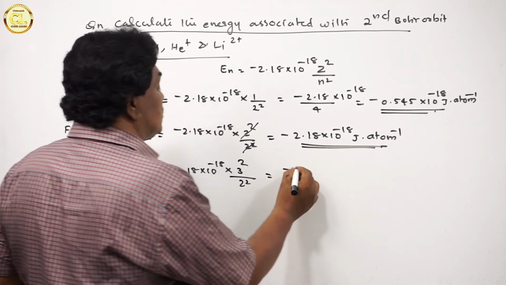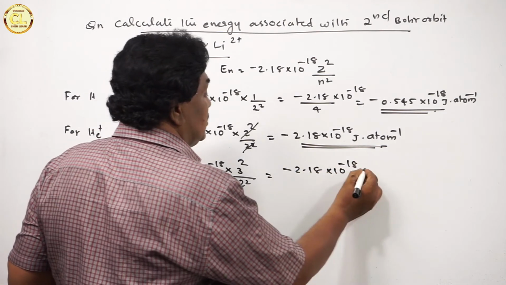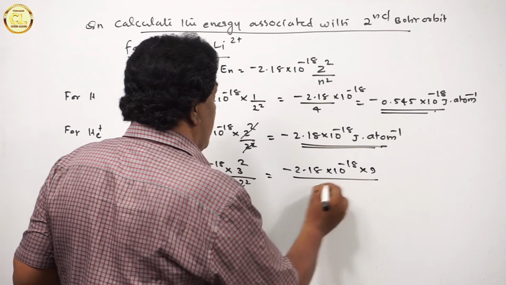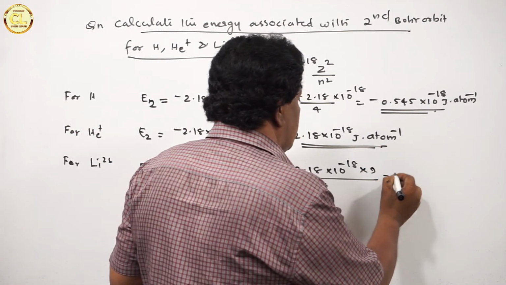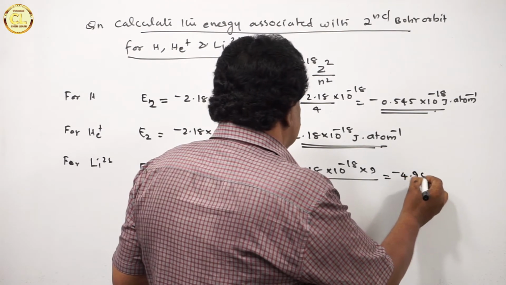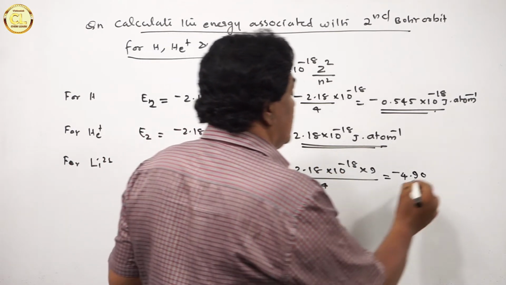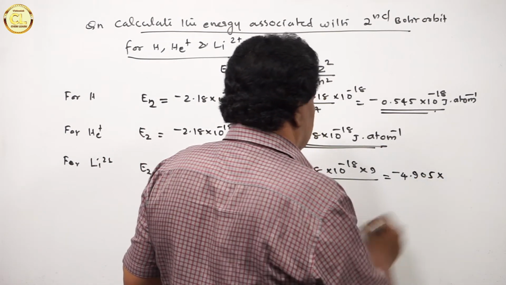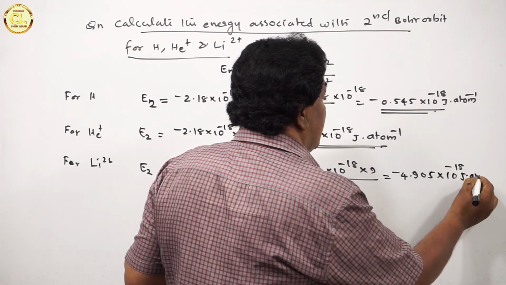That's equal to minus 2.18 into 10 raised to minus 18 into 9 divided by 4. That's equal to minus 4.905 (2.18 into 9 by 4) into 10 raised to minus 18 joule per atom.